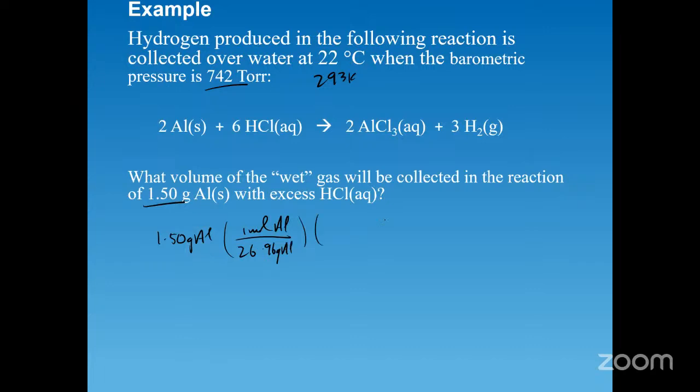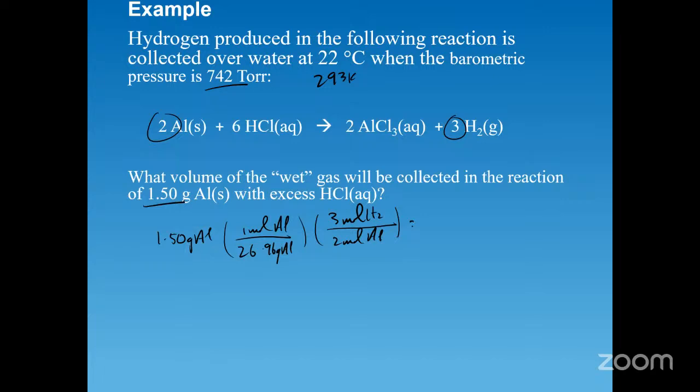Then I'll look at the mole ratio between the hydrogen and the aluminum, and that's a 3:2 mole ratio. So I'm going to put 3 moles of H2 above, 2 moles of aluminum below, and I will work that out. So 1.5 divided by 26.96, and then multiply by 3, divided by 2.